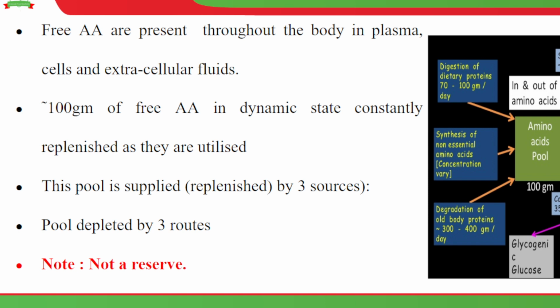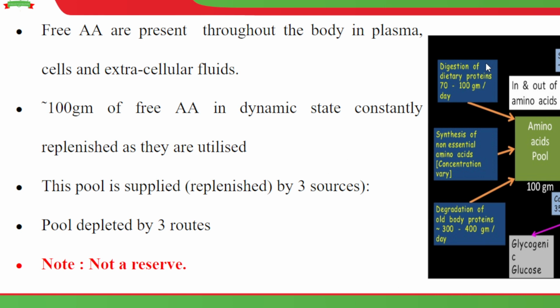This other blue side here shows how it is being reduced or utilized in your body. Let's understand that this amino acid pool is never a reserve, and actually your body does not have amino acid reserves or stores, just like the literature says.